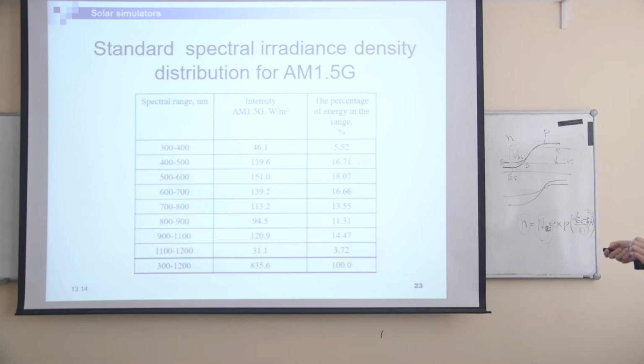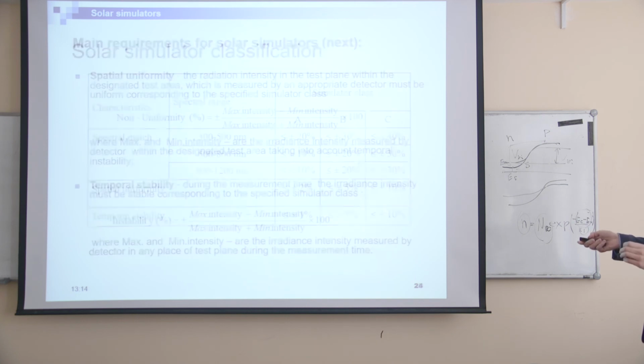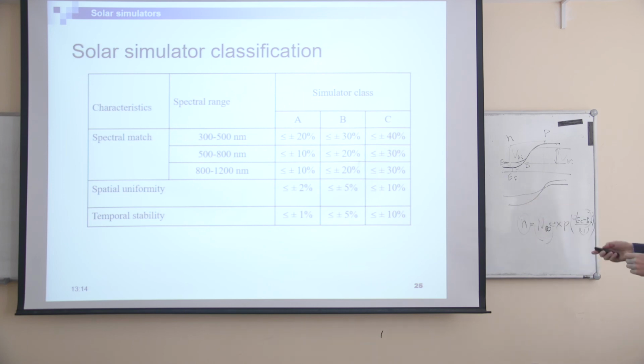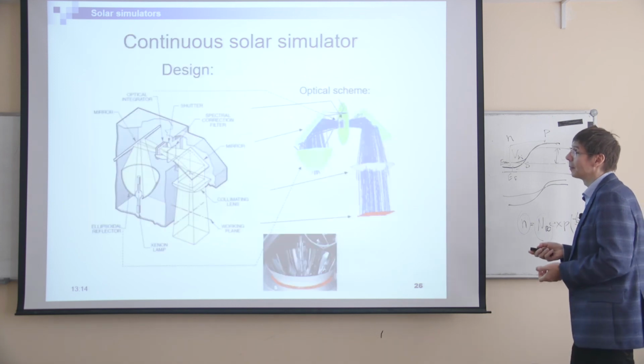But concerning the spectrum match, the last few words before we have a break. I would pay attention that this classification here, you see the range is from 300 to 1200.